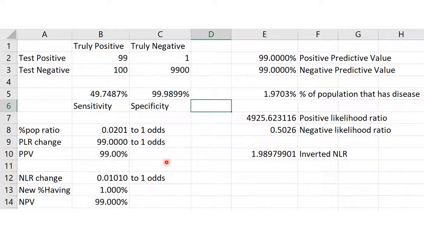But now if you look at it, with the negative test, we're going from roughly 2% of the population having the disease to now there's only a 1% chance that you have the disease. It's still cool because if you get a negative test, it's still really likely that you don't have the disease. But then this makes you question the quality of the test.